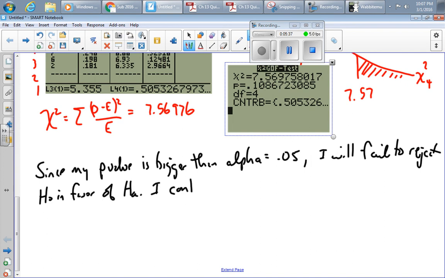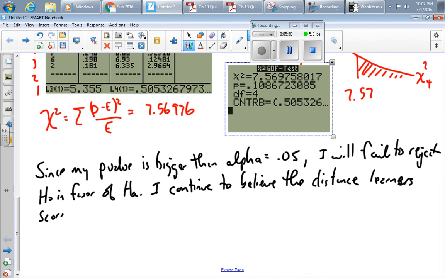I continue to believe the distance learners scored like the rest of the nation.